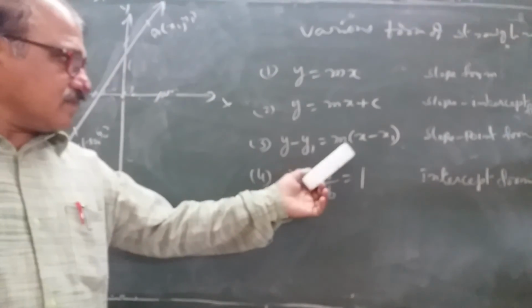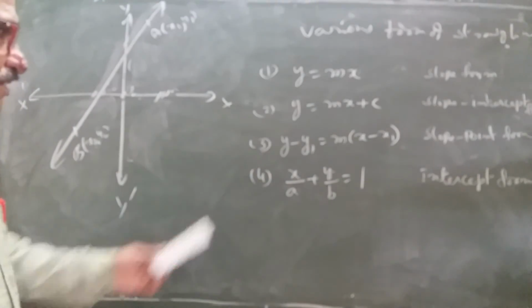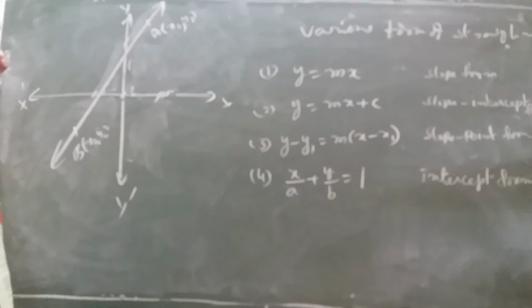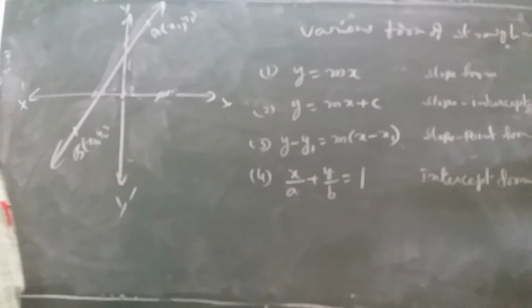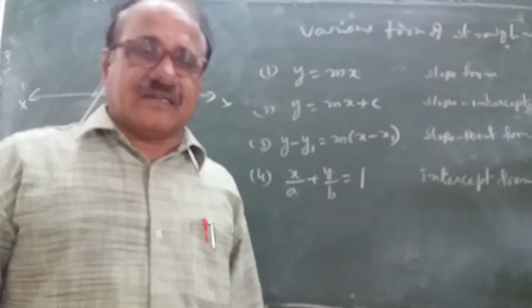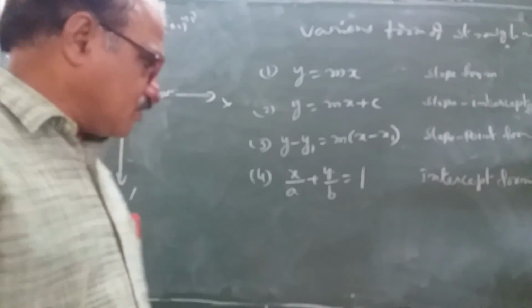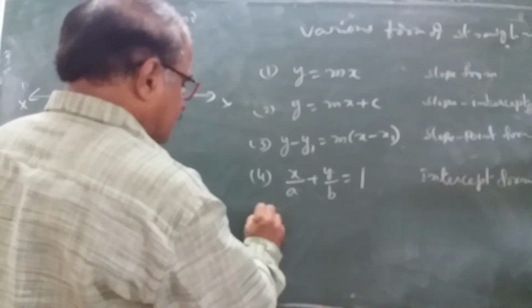By using m in the third form, we can determine directly the equation of a straight line which is passing through (x1, y1) and (x2, y2), like this.